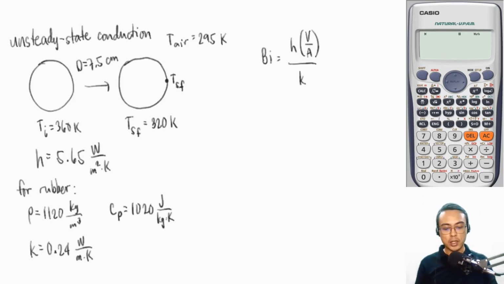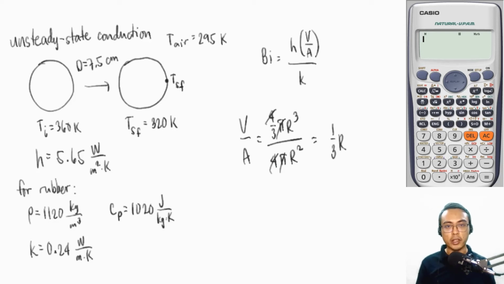Now, for a spherical system, we can solve for our V over A ratio. The volume of a sphere is 4/3 pi r cubed. And for the area, that is 4 pi r squared. Pi cancels. 4 also cancels, so we will be left with 1/3 of r as our V over A ratio.